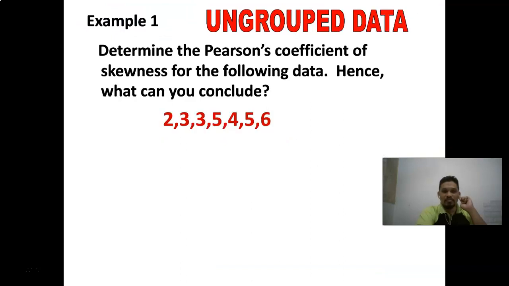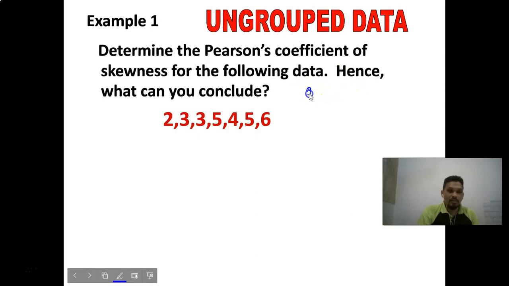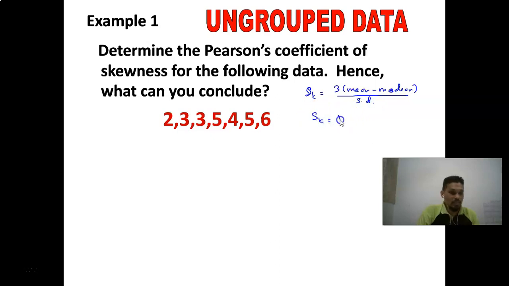Okay, determine the Pearson coefficient of skewness for the following data. Hence, can you conclude? So now class, the first formula of the Pearson coefficient equals 3 times mean minus median divided by standard deviation, and another formula which is mean minus mode divided by standard deviation.